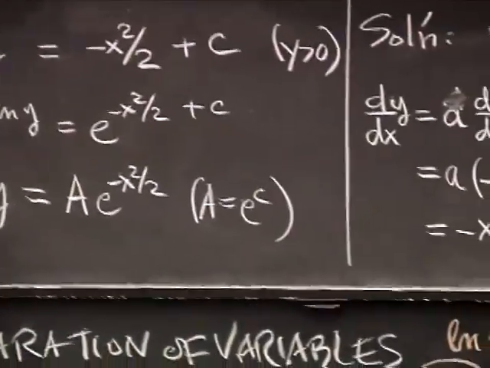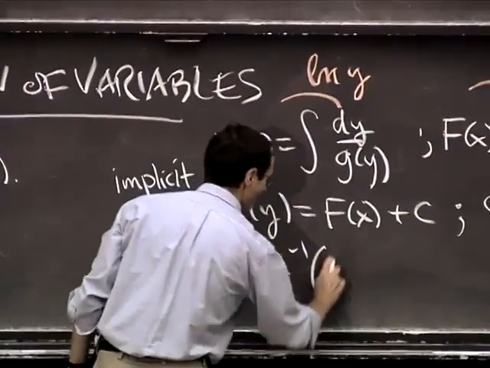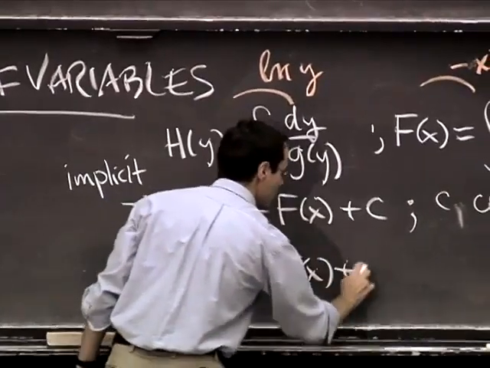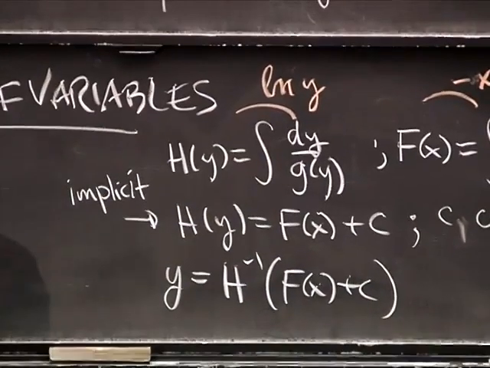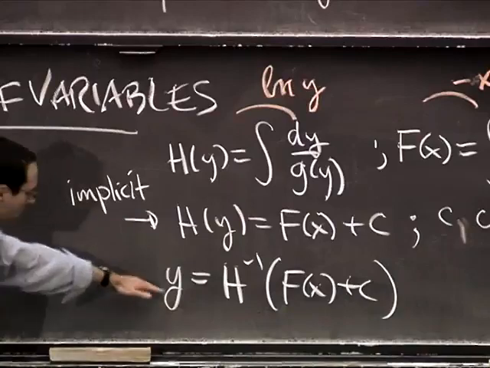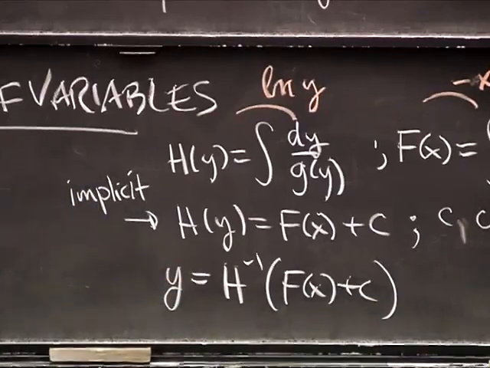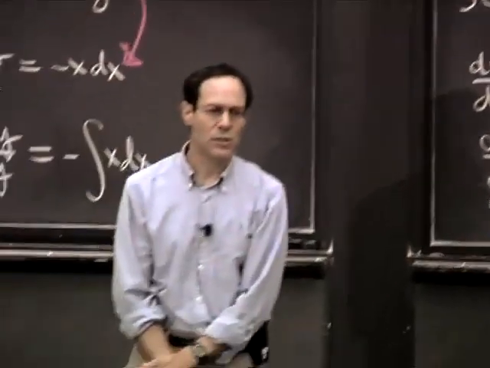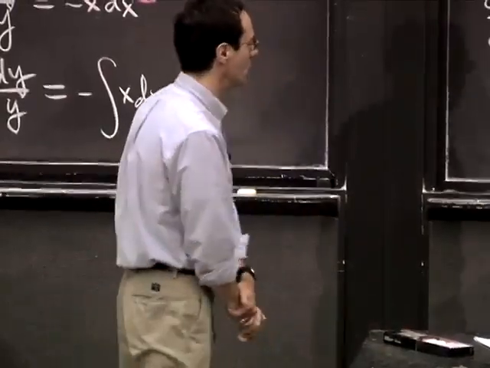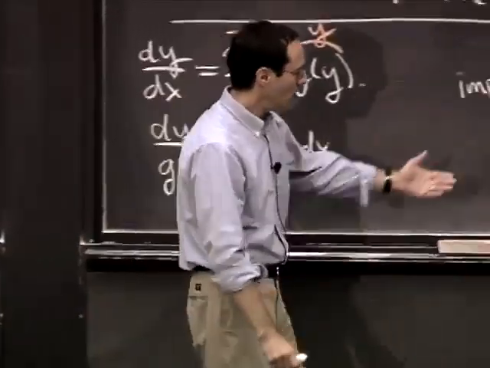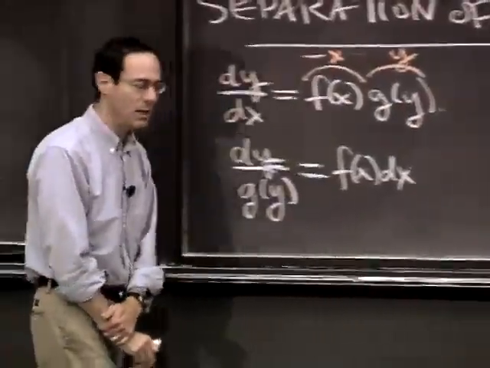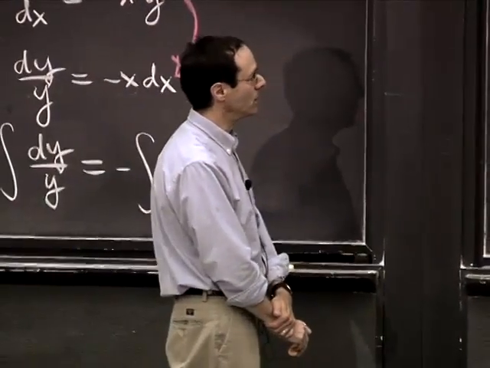So I write it as y is equal to h inverse of f of x plus c. Now, in real life, the calculus part is often pretty easy, and it can be quite messy to do the inverse operation. So sometimes we just leave it in the implicit form. But it's also satisfying sometimes to write it in the final form here.